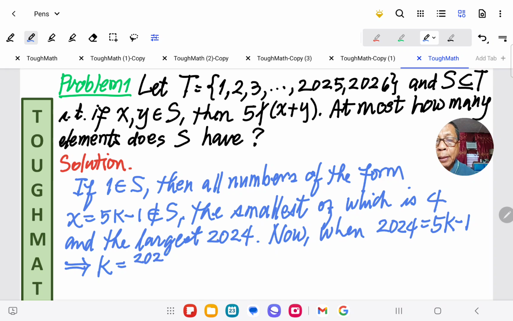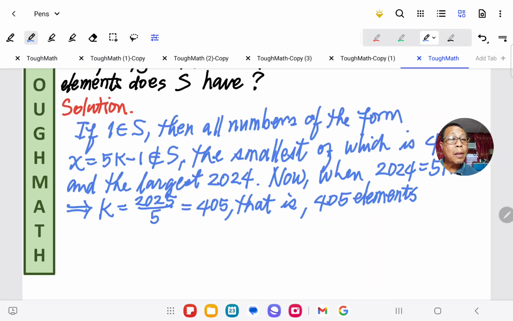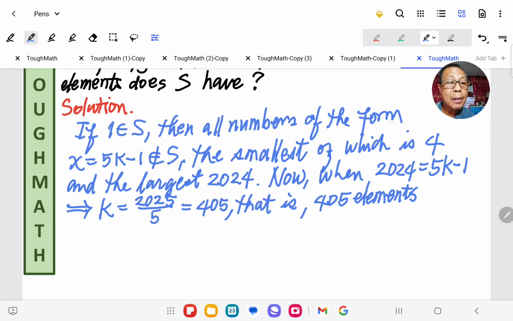That is 405 elements of T that do not belong to S.